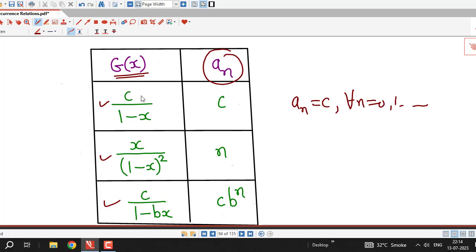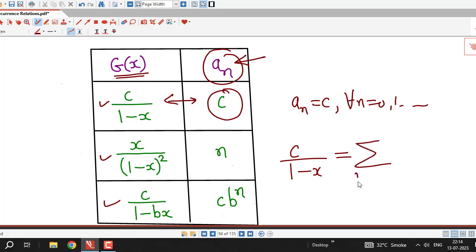So if the sequence an corresponding to this generating function is known to me, then I can directly write down the formula for this generating function. I know that this generating function corresponds to an equal to c.